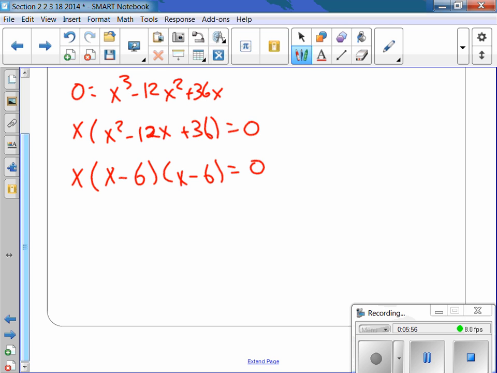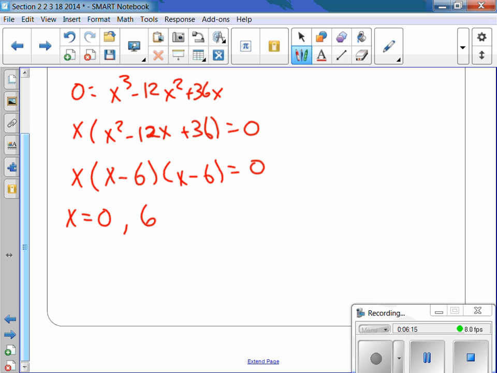Well, I have three factors whose product is equal to 0, so set them all equal to 0. This gives me x equals 0 and x minus 6 equals 0, so x equals 0, 6.